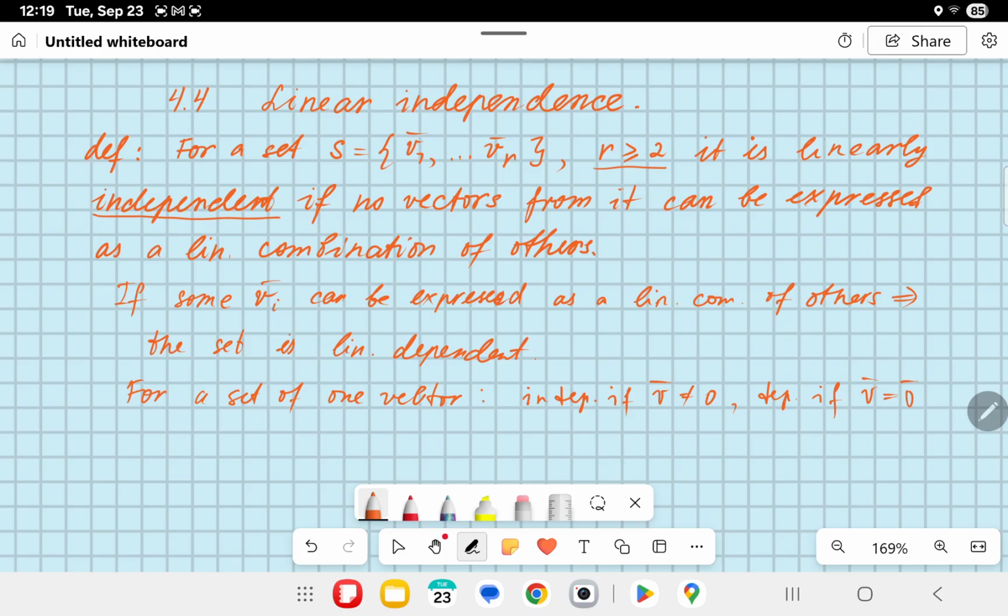So if a set consists of only one zero vector, like the set 0, 0, then we are going to call it dependent. If it has a non-zero vector, it's going to be considered independent. You just cannot express one vector as a linear combination of others because there's only one vector, right?